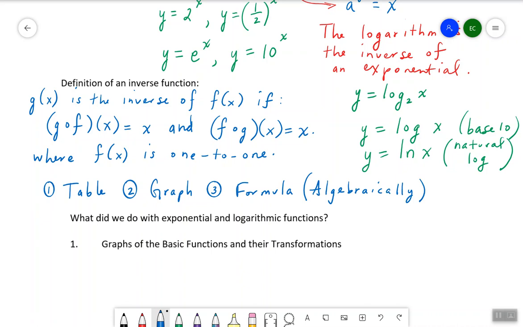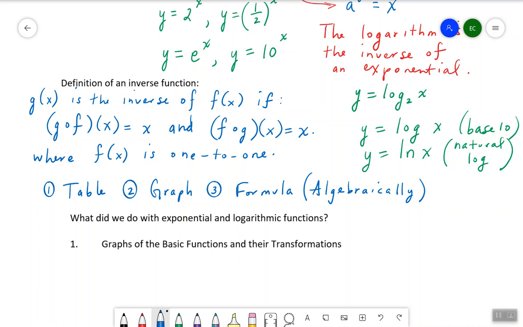We can also recognize whether a function is one-to-one or not, using either the definition or the horizontal line test. And remember, the classic example of a function that's not one-to-one is a quadratic, y equals x squared, for instance. The parabola is not one-to-one.